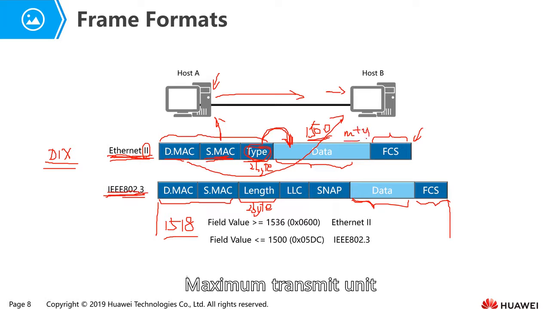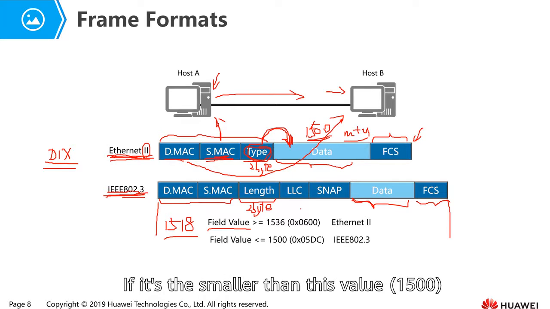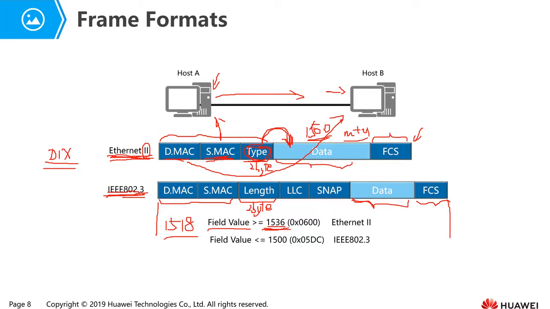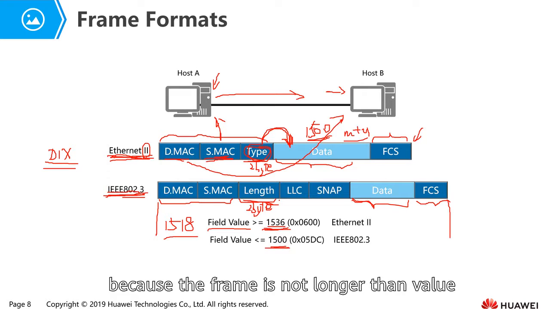So if the field value is smaller than this value, it should be the length, because the frame is not longer than this value.